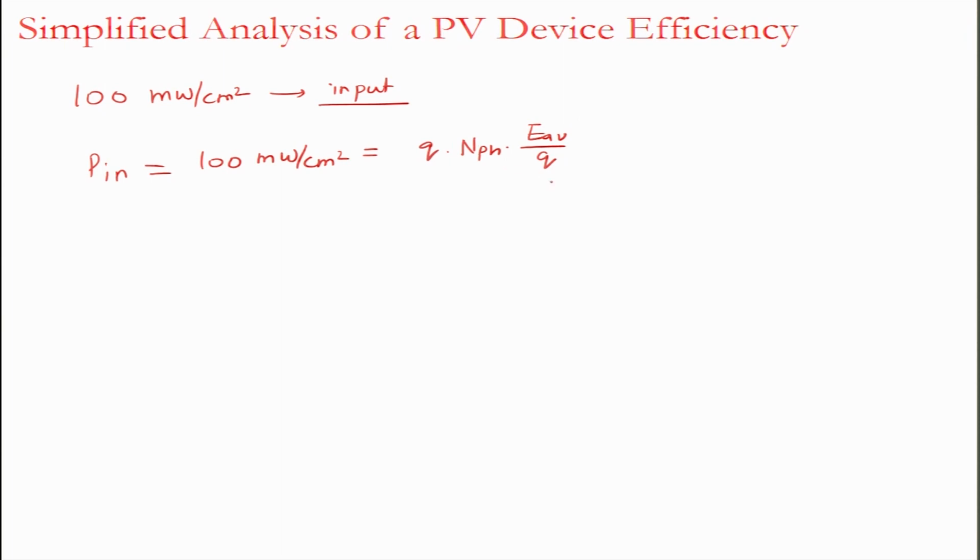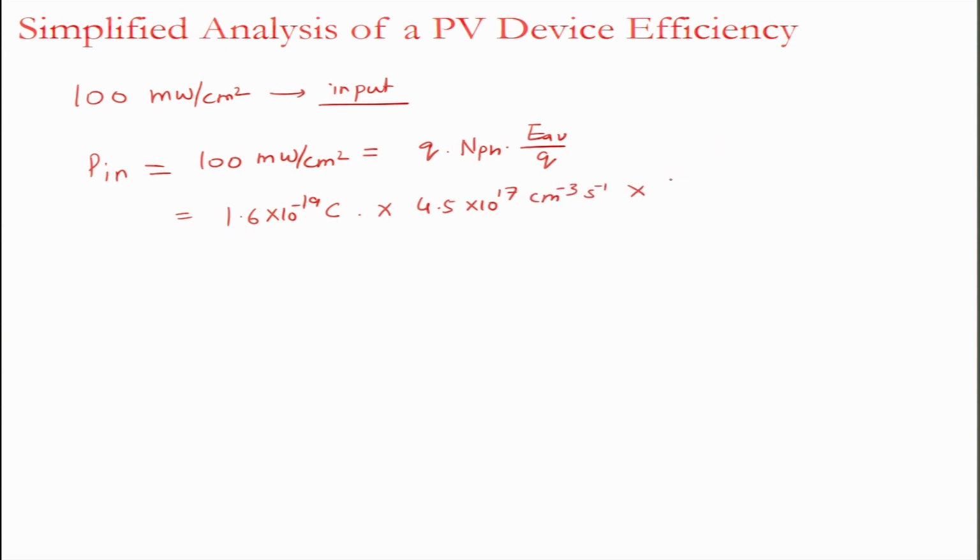Okay. And I have put this q in such a manner that I have the average energy, number of photons and the electronic charge. This is essentially 1.6 into 10^-19 coulomb multiplied by the number of photons, 4.5 into 10^17 per centimeter square per second.